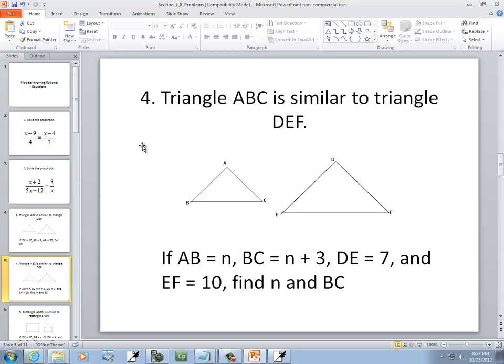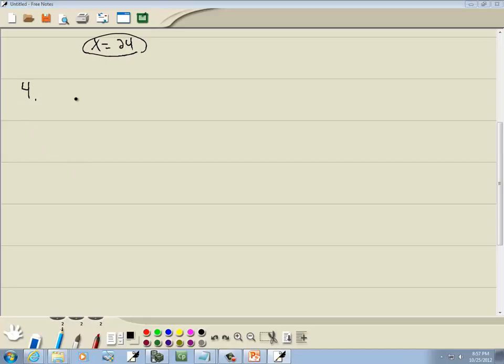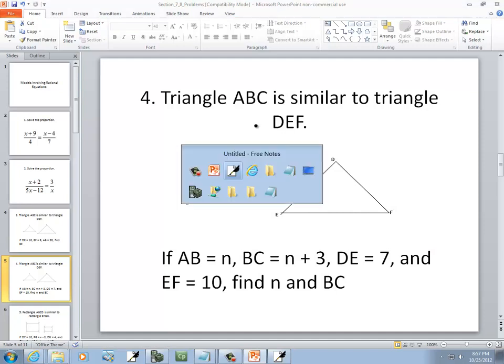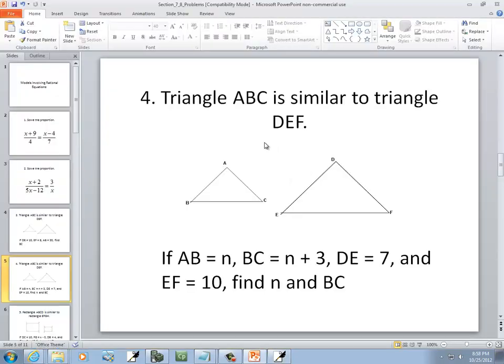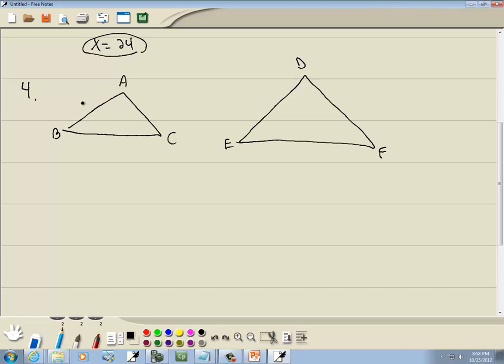And let's look at another one. ABC and DEF. Okay, if AB is equal to n, so this AB here, this distance is n.